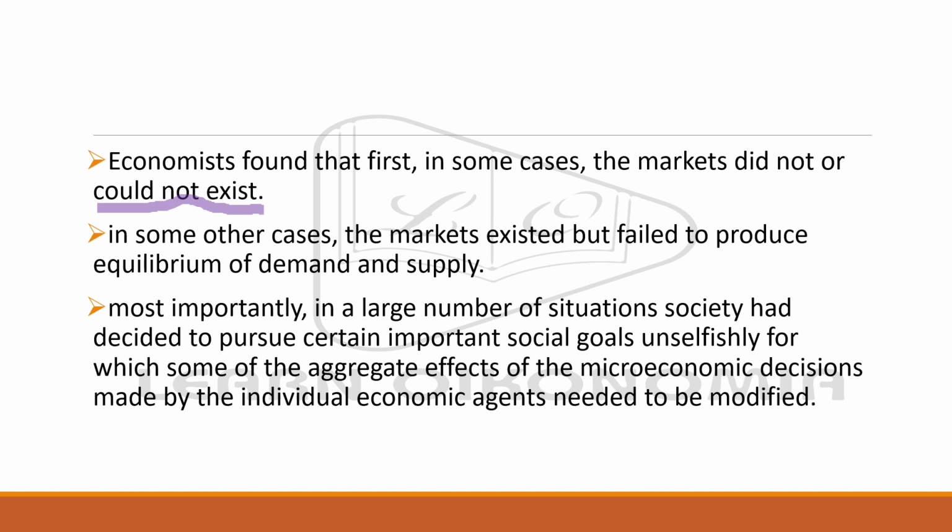The market can exist or it could fail in certain cases. But in certain cases, you can see that there can be equilibrium between demand and supply. In a certain number of situations, society decides to pursue an important social cause, and this too happens unselfishly. And in such cases, there can be some aggregate effects in the economy.